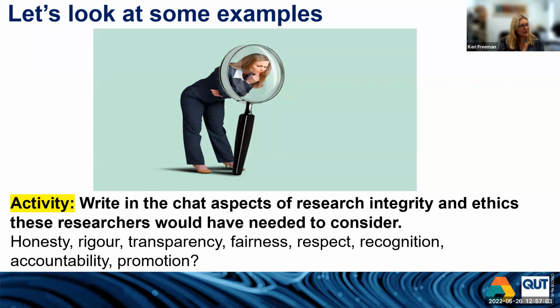So in this activity, think about these principles: honesty, rigor, transparency, fairness, respect, recognition, accountability, promotion, and tell me what you can see or think of that these researchers would have had to do to get ethics approval.